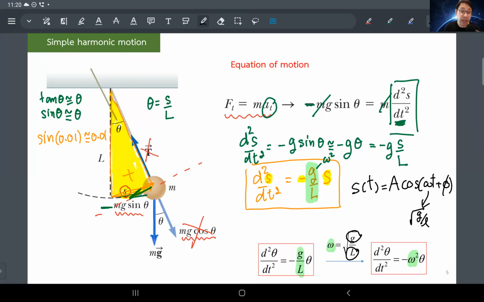The only way that you can change the frequency of this oscillation is either you change the length of the string or you go to some other planet and change the G. You have to change the G for this pendulum to change the frequency of oscillation. Isn't that cool? So this is why back in the day, they could use the pendulum as a mechanical clock.